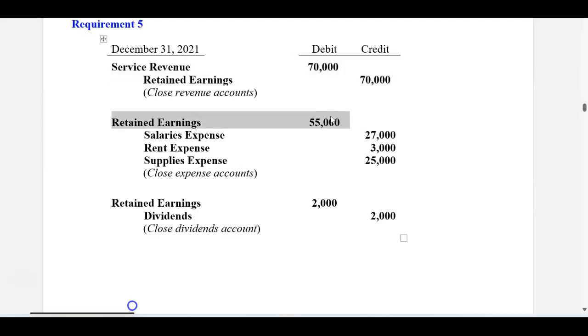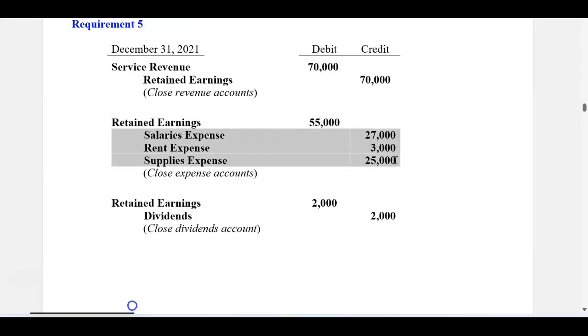How do you get that 55,000? You don't know how much it is yet, so you have to leave it blank for a second. Then you add up all your expenses as a credit. The normal balance of any expense is debit, so you credit the opposite to close it. So you close all your expenses and then you add them up.